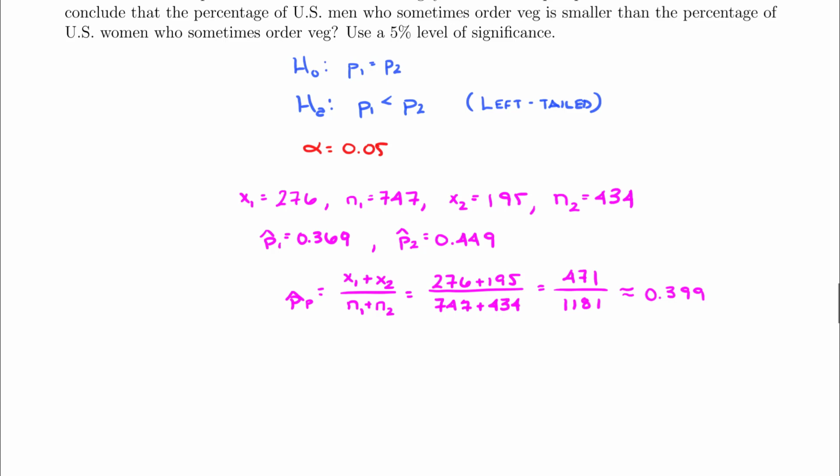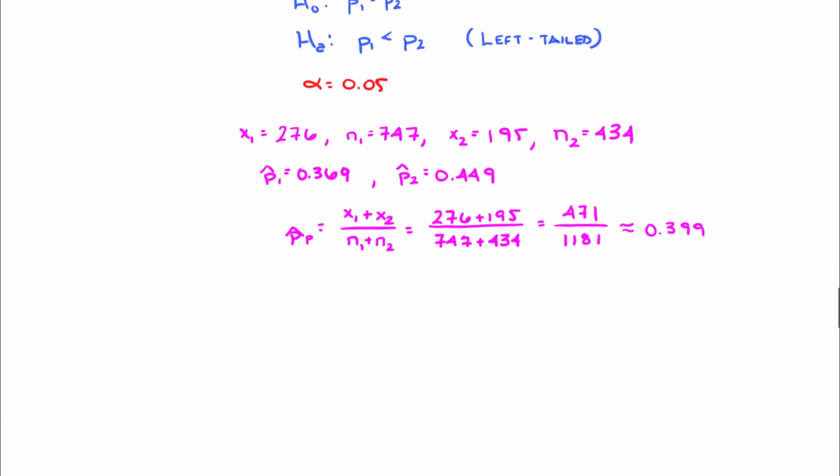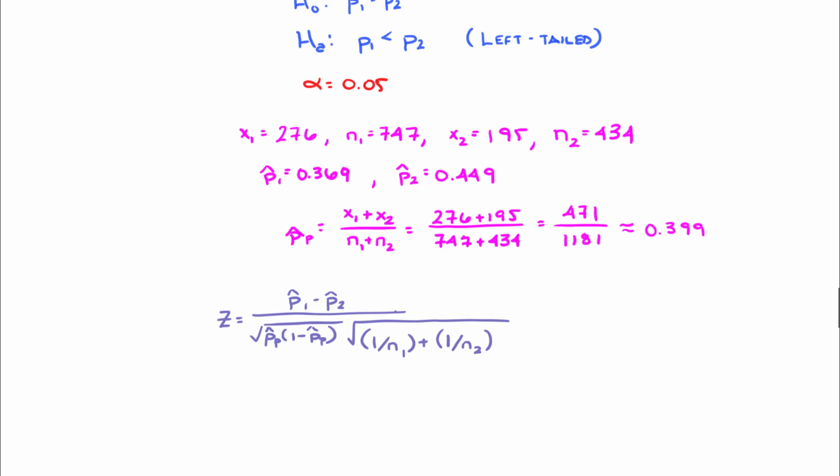So now we can actually come up with the value for Z. And so Z is equal to p hat sub 1 minus p hat sub 2 over the square root of p hat sub p times 1 minus p hat sub p times 1 over n sub 1 plus 1 over n sub 2.